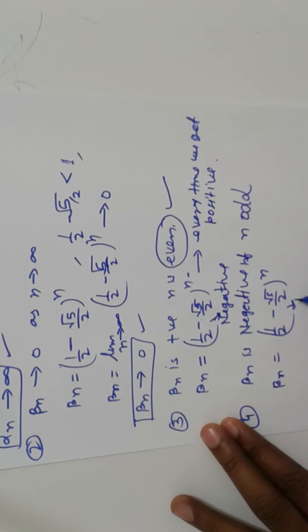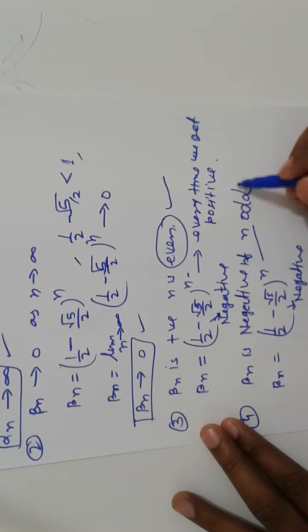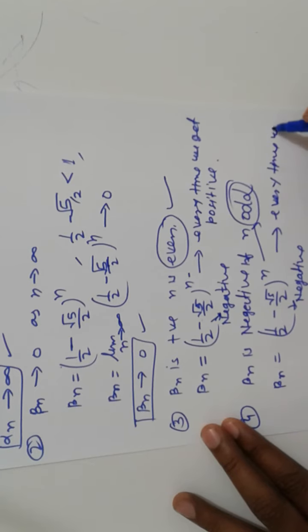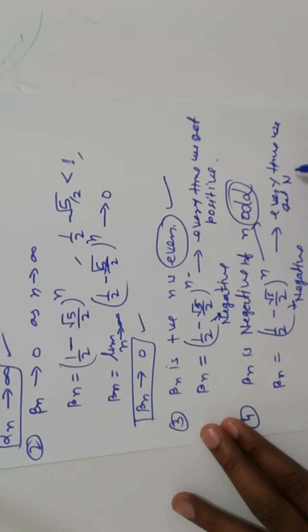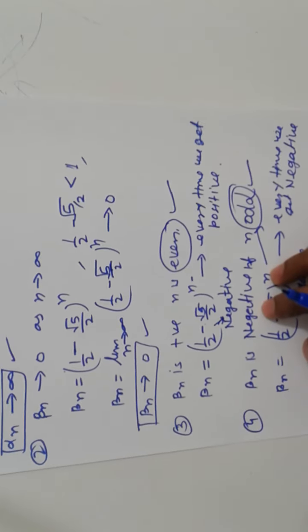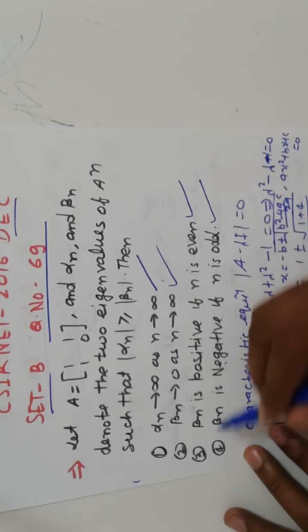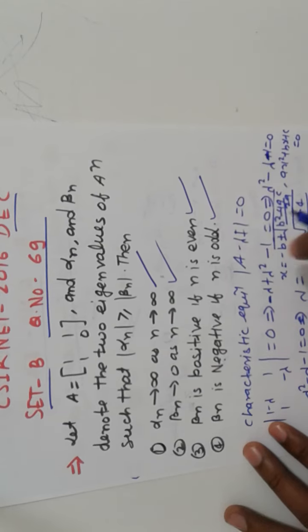That term is negative, and the power is odd, so every time we get negative. So the fourth option is also correct. Here all options are correct. This is correct, this is correct, and this is also correct. So all 4 options are correct.